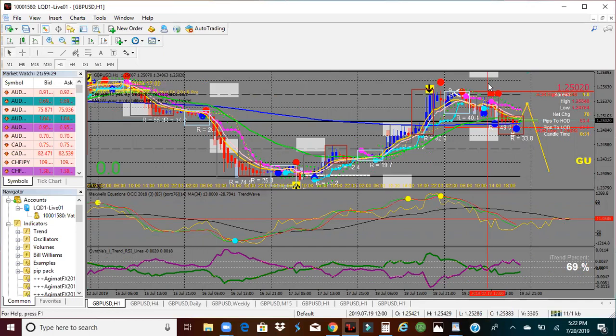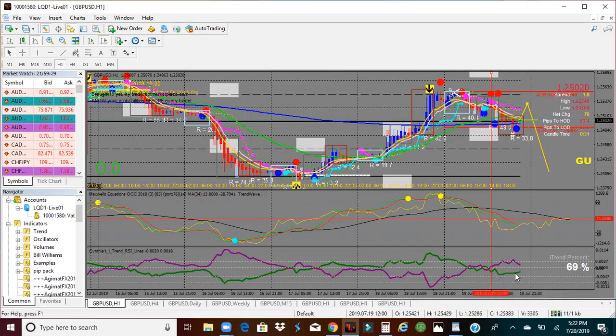So you see this signal here where your pink line crosses above your 60. So on the RSI lines, your purple line crossing above the green line signals a sell.